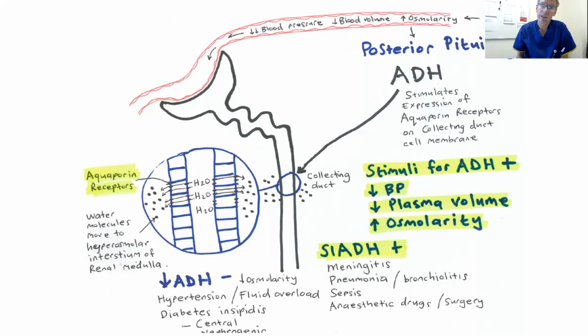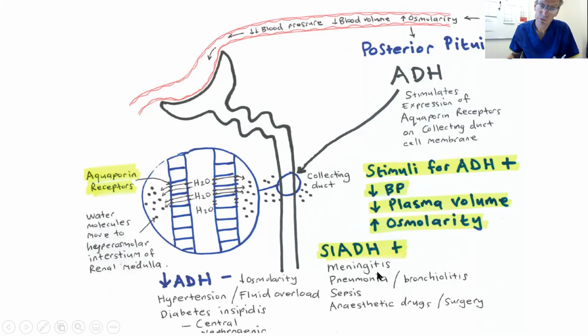So these days, this condition called SIADH, or syndrome of inappropriate antidiuretic hormone, characterizes some children who've got meningitis or pneumonia or bronchiolitis, and all it means is that they don't pass much urine, but they can maintain their blood volume.